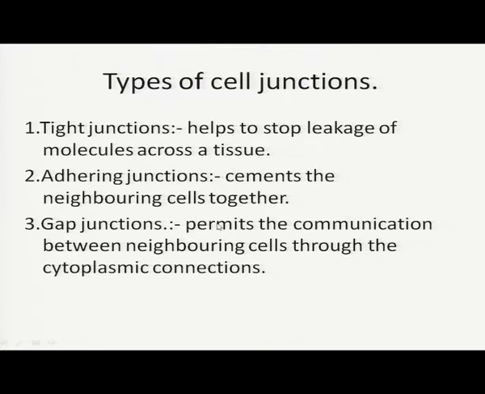It will permit communication between the neighboring cells through the cytoplasmic connections existing between the cells. So, in short, there are three different types of cell junctions that we can observe within an epithelial tissue: tight junctions, adhering junctions, and gap junctions.